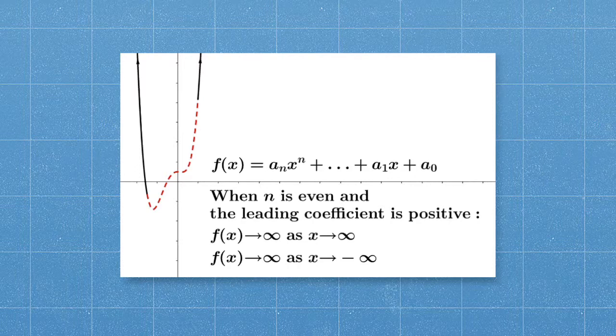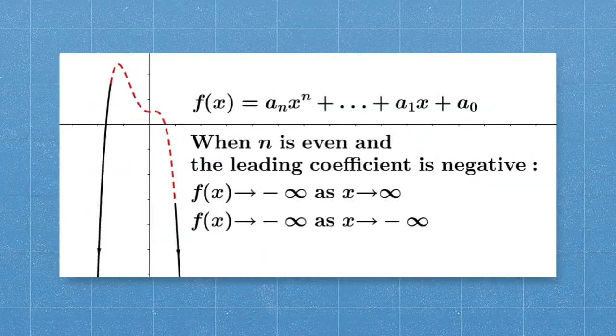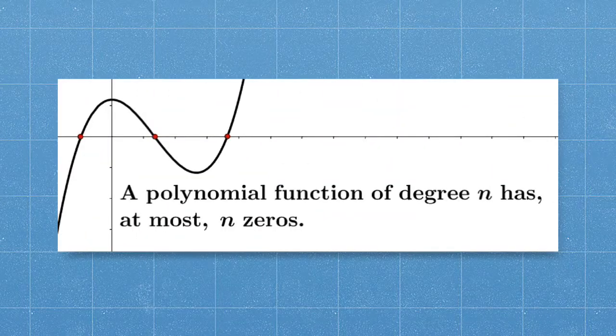In this case, it goes up to the left and up to the right. If the degree is even and the leading coefficient is negative, then it goes down to the left and down to the right.